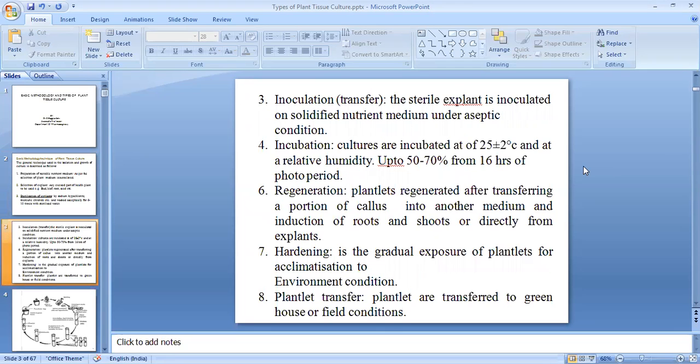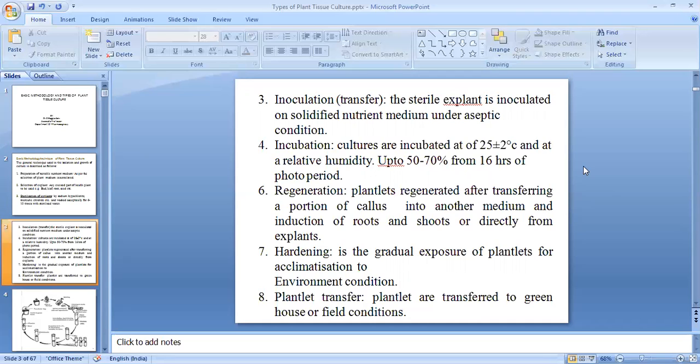And the next step is the inoculation of the sterile explant into the solidified nutrient medium under aseptic conditions. And after the inoculation is over, it has to be incubated at 25 degrees centigrade plus or minus 2, at a relative humidity of 50 to 70%, for 16 hours or the specified period of time. And the next step in the basic methodology is regeneration.